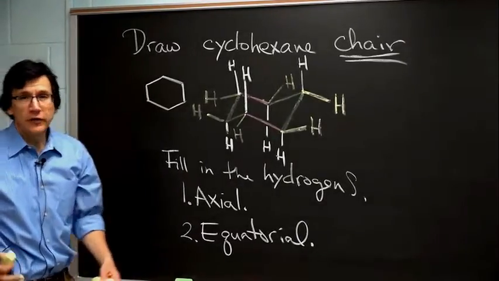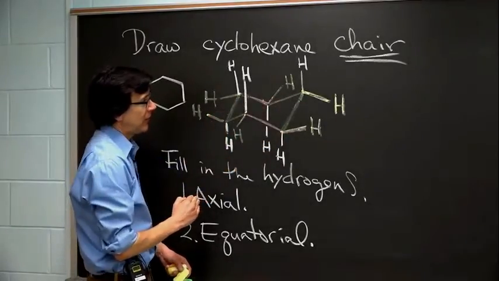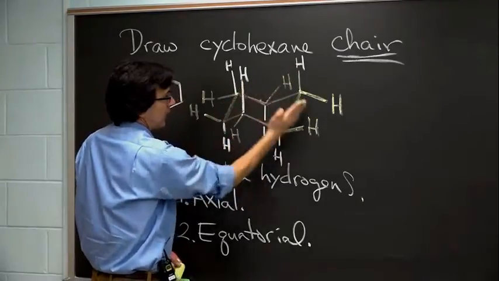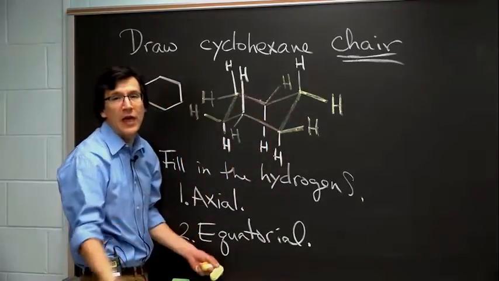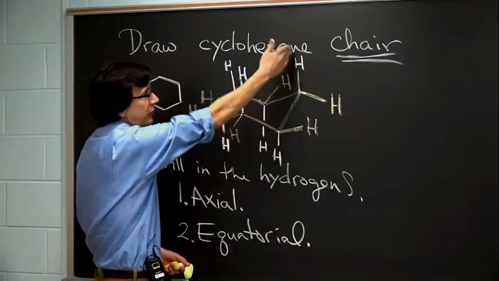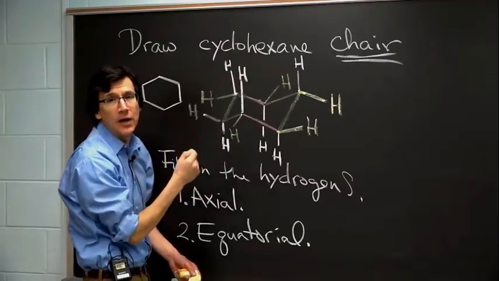Okay? So just to recap, draw the backbone of the cyclohexane ring. Be sure that the opposite bonds are parallel when you do that. Once you're satisfied with that, I recommend filling in the axial hydrogens, alternating axial up, axial down, axial up, etc. around the ring.